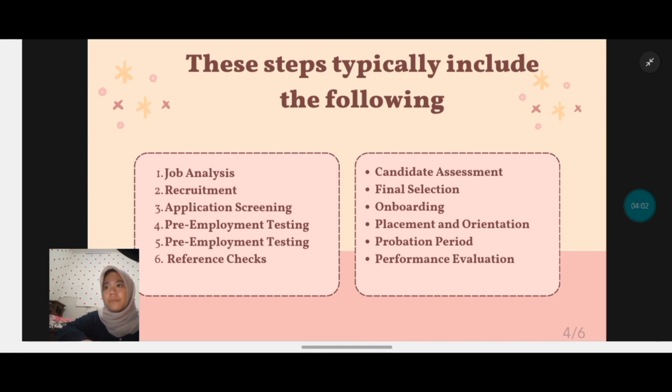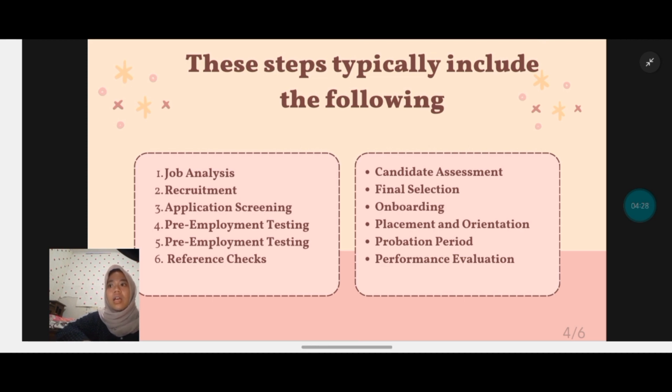Next, candidate assessment. Some organizations use various assessment tools, such as personality assessments or situational judgment tests, to further evaluate a candidate's fit for the role and the organizational culture. Next, final selection. After assessing all candidates, make a final decision on who to hire.